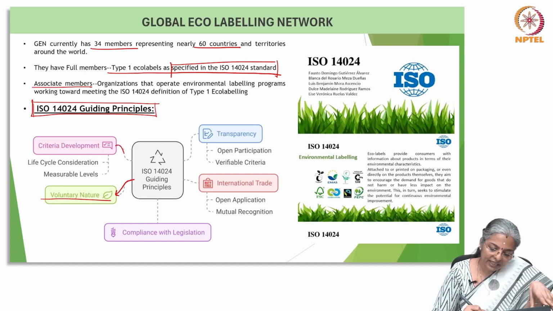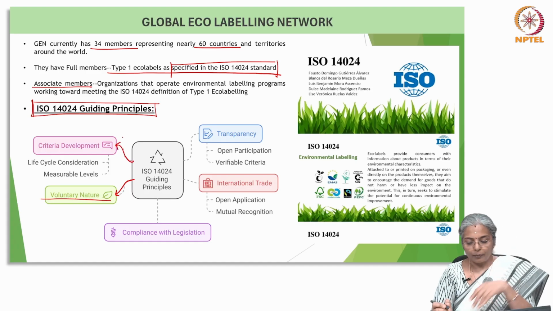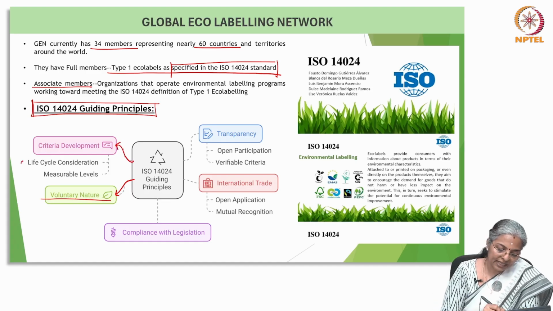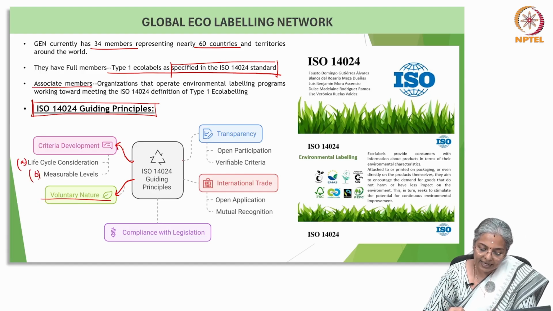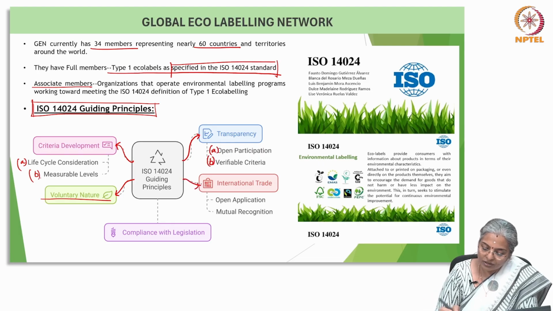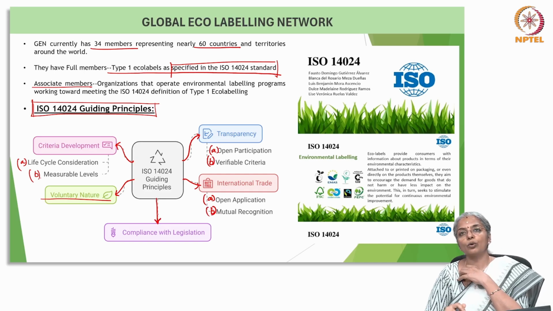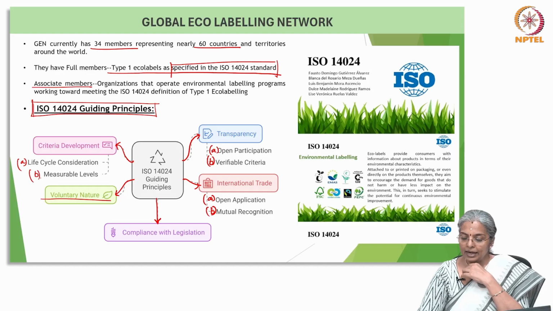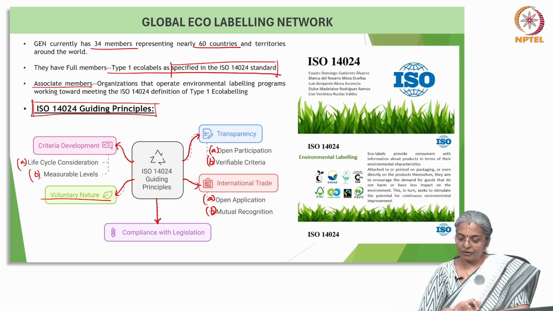Then there are specific criteria based on which the product is evaluated, which could be life cycle considerations or measurable levels. Then it has to be very transparent, so that calls for open participation and verifiable data. And then they can be used in international trade through an open application or through mutual recognition, and they have to comply with legislation. So, we will be looking at all of these separately, but I thought I will tell you this in brief first.